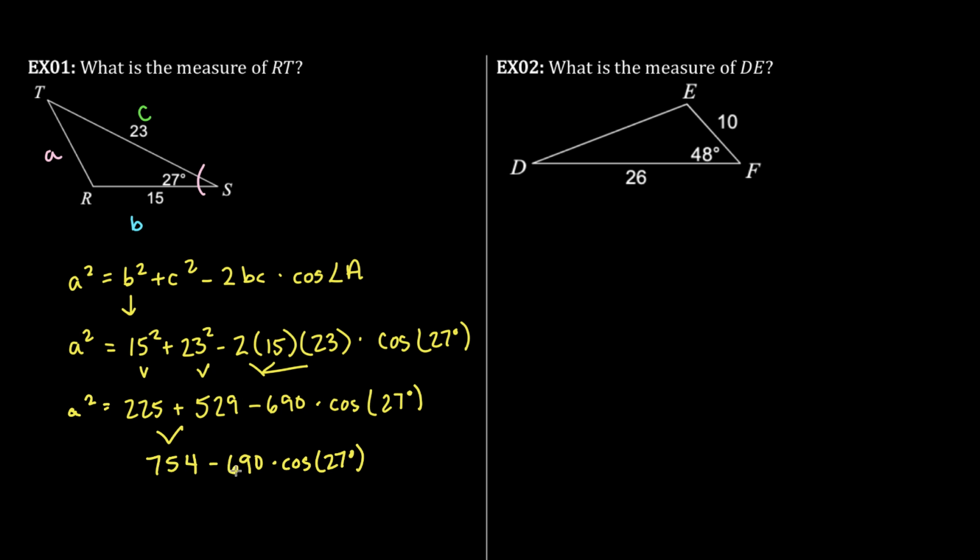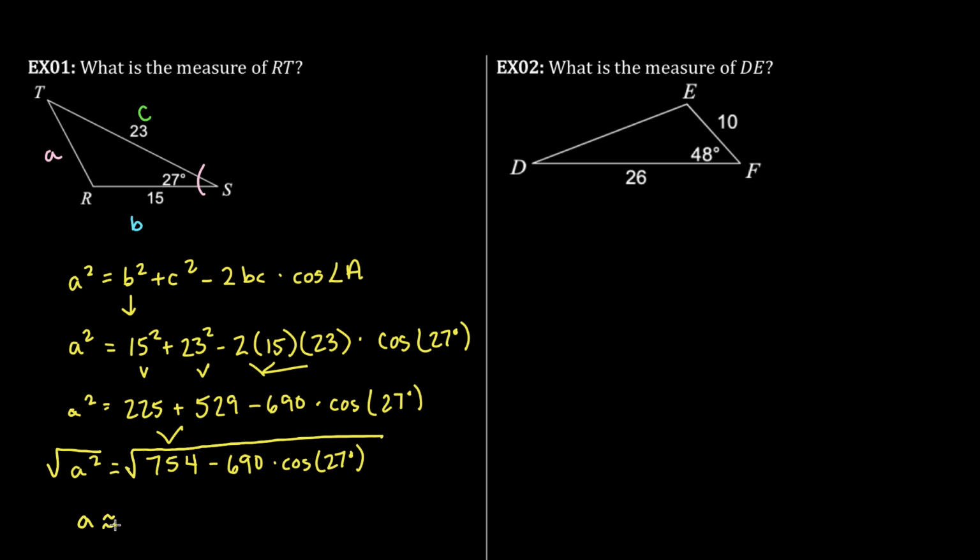Remember, we can't subtract these because we'd have to do this multiplication first. You could estimate, but I want to show you a shorter way. We're going to have to take the square root to get rid of this square.